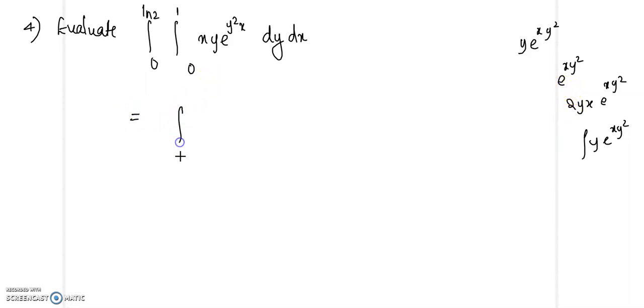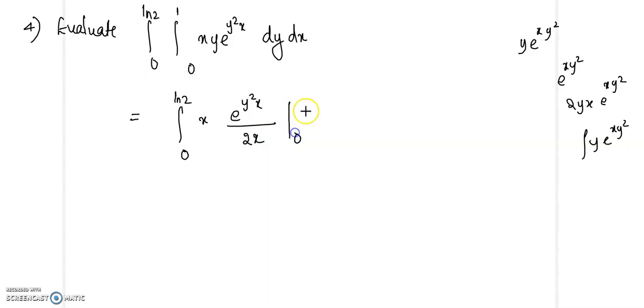Okay. So let us write down the first integral. When you integrate with respect to y, x will be considered as constant. So the integral of y e raised to x y square is e raised to y square x by 2x.